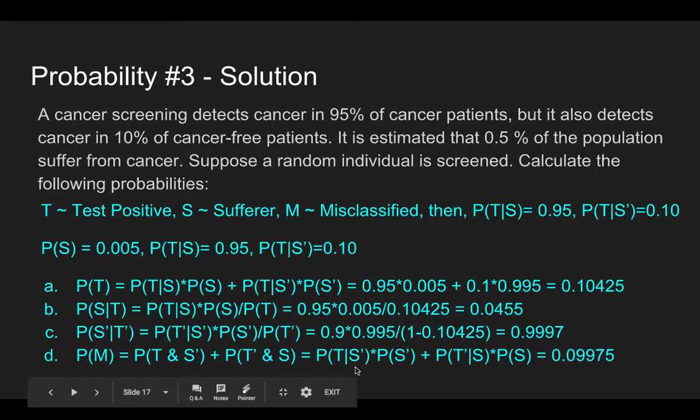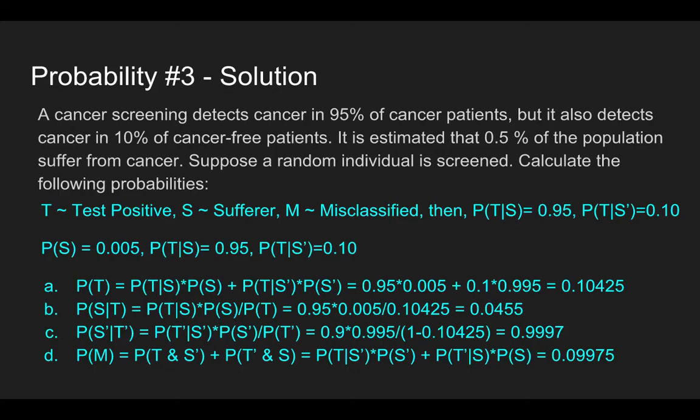So notice that the formula here is doing t given s bar times p of s bar. That is a joint. I think what she's trying to ask is why isn't it the addition of the probability of t given s bar and the probability of t bar given s, instead of joints?